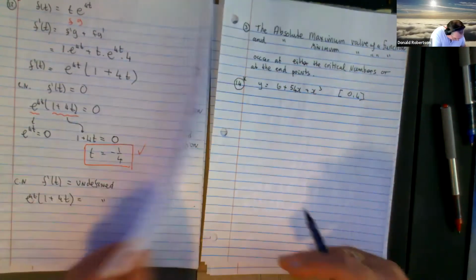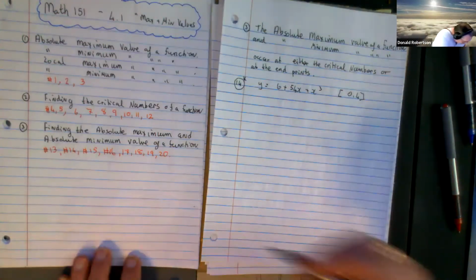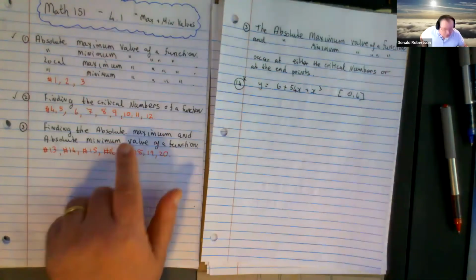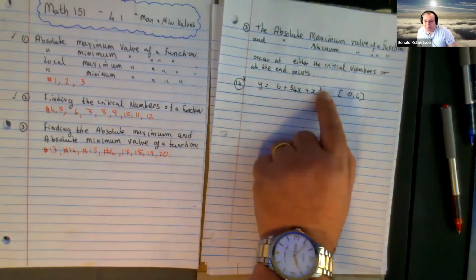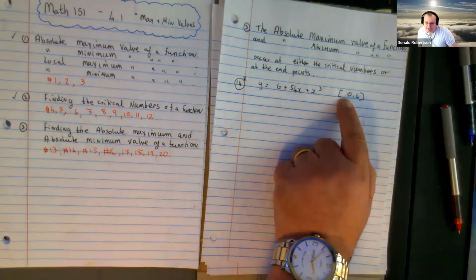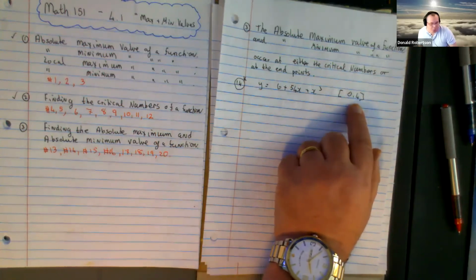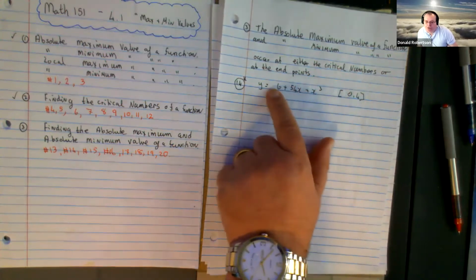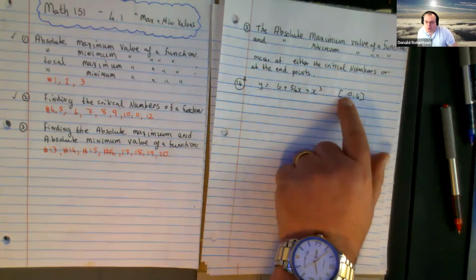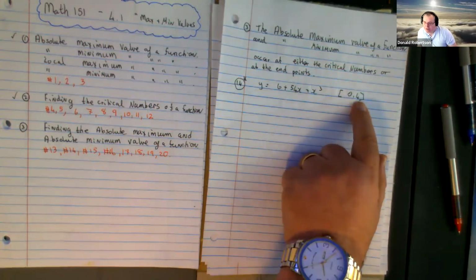So our next topic. Check them off my list. We're now going to actually find the absolute maximum and minimum value of a function, typically in a given interval. So here is the function. We're going to look for the absolute max and min. In other words, what's the biggest value this expression will equal to, and what's the smallest it will equal to if you only pick values of x from 0 to 4, right?